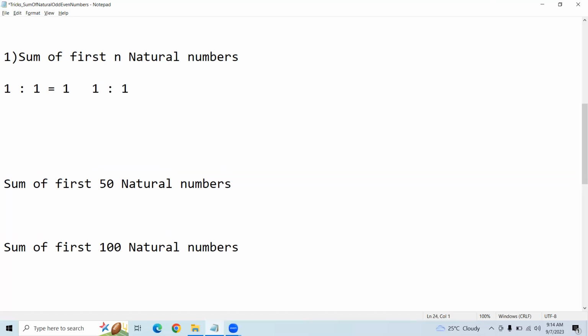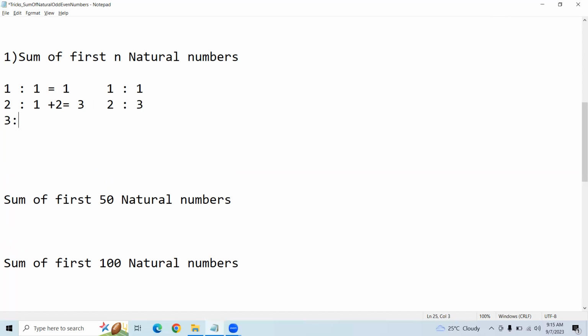Let's take two natural numbers. What will be the sum? 1 plus 2 is equal to 3. So for two natural numbers, our sum is 3.